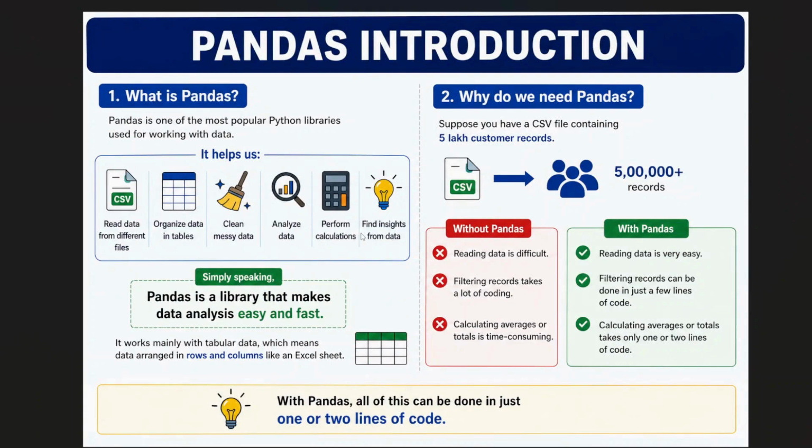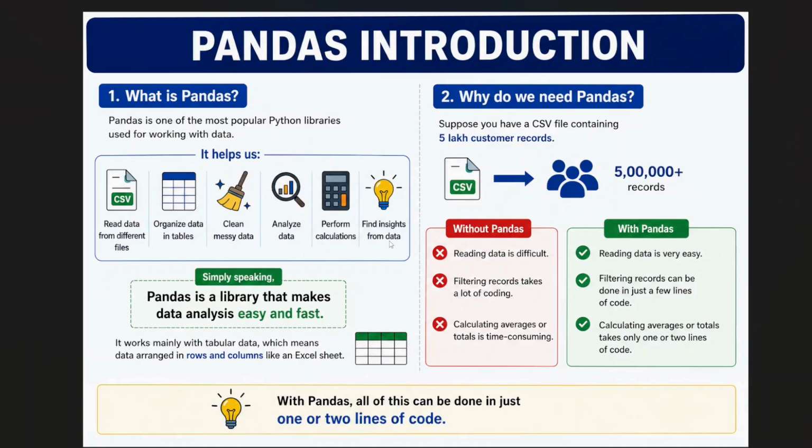So what is Pandas? Pandas is one of the most popular Python libraries used for working with data. It helps us read data from different files, organize data in tables, clean the messy data which you will get, analyze the data, perform calculations, and find insights from the data.